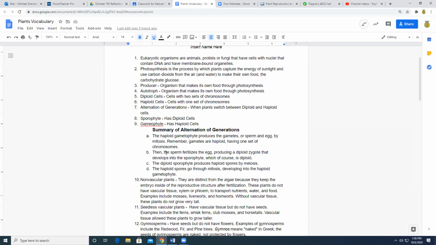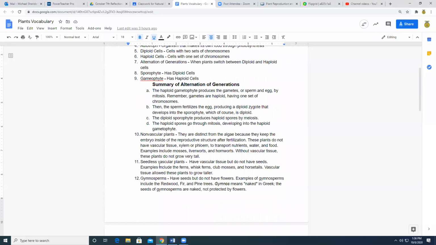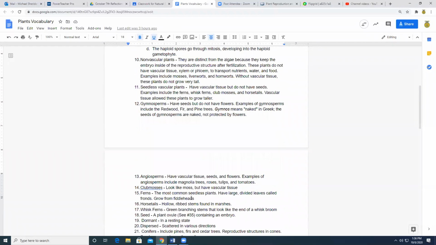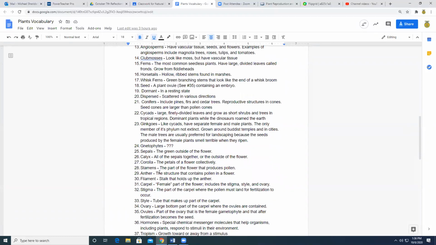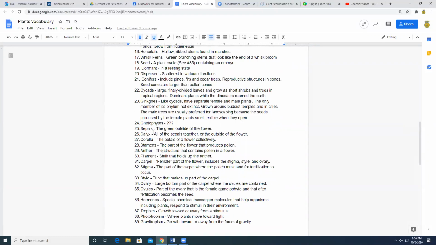So basically it's producing, so we're going to talk about down here where we are producing. We all know what pollen is. Here we go. In the flower, this is one example of how plants reproduce.